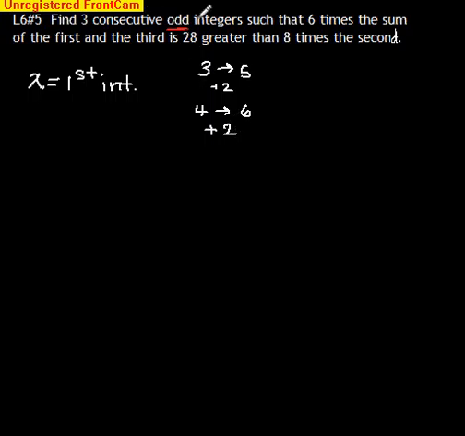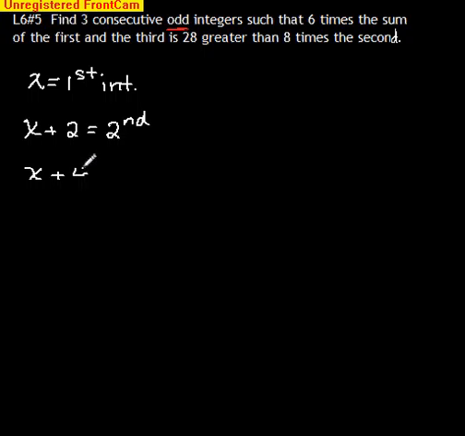So if we're doing even or odds, your next one is going to be plus 2. Let's do that. Our next one would be x plus 2, our second consecutive odd integer, and then finally x plus 4 is our third consecutive odd integer.